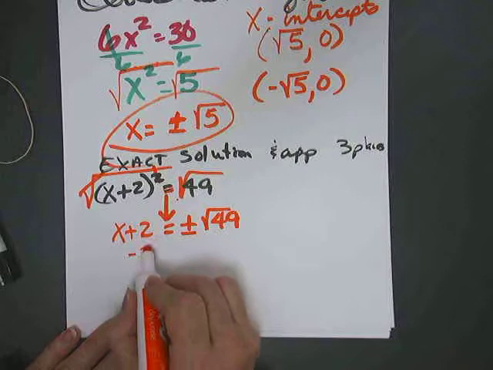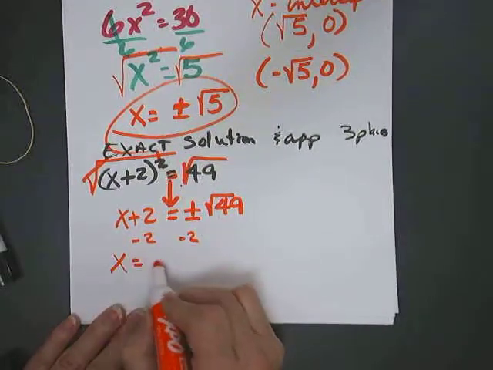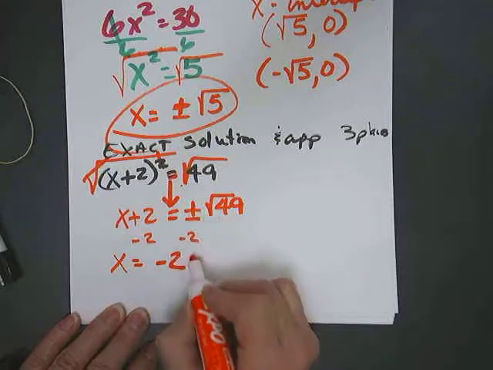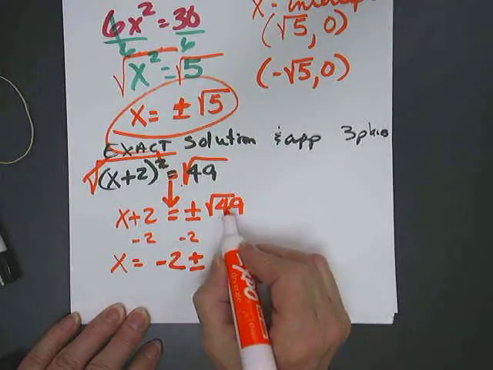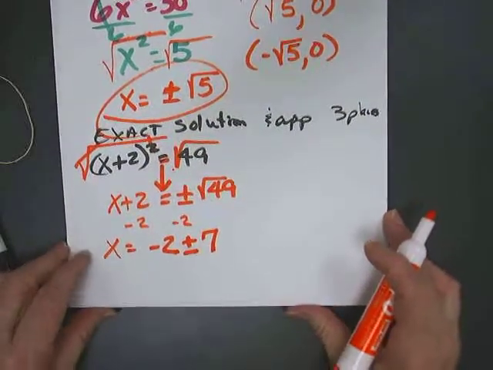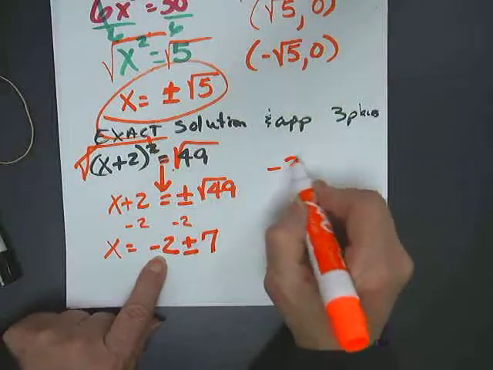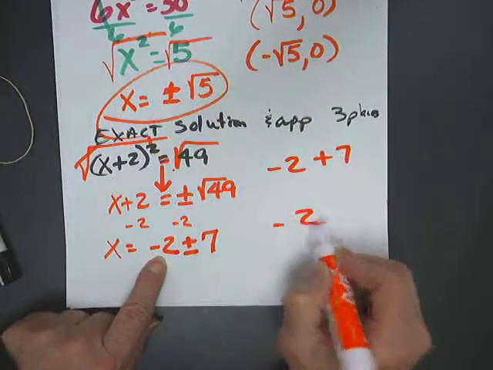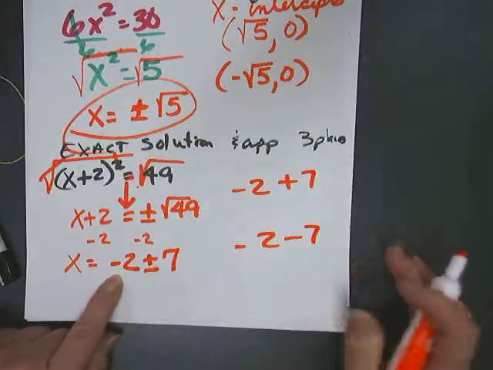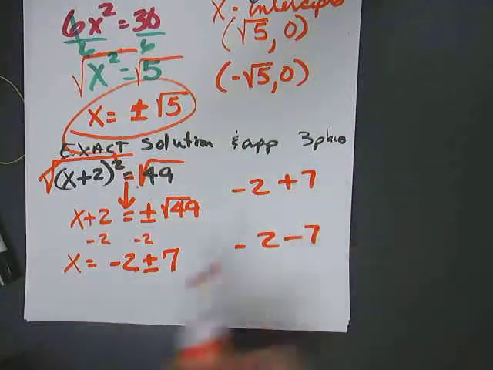You could have written 7 here if you wanted. Okay? You're going to subtract 2. So you have x equals negative 2 plus or minus 7. So you've got 2 answers. You're going to have negative 2 plus 7, negative 2 minus 7.